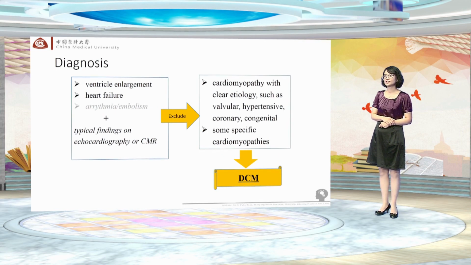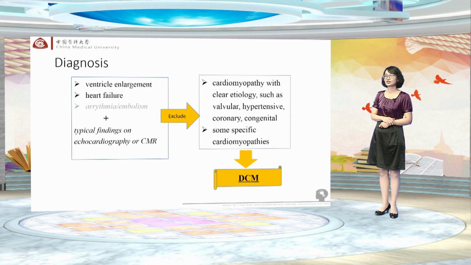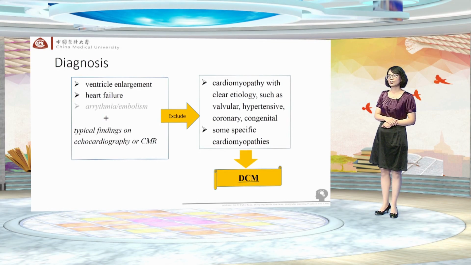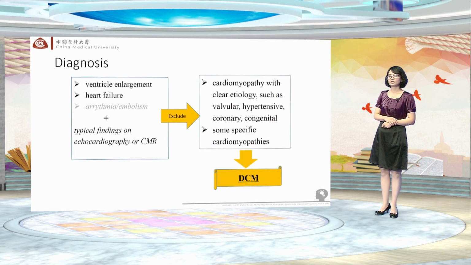However, we need to exclude some other causes. For example, the causes from valvular heart disease, hypertensive heart disease, coronary heart disease, and some other specific types of cardiomyopathies. Then we will get the conclusion that this is DCM.